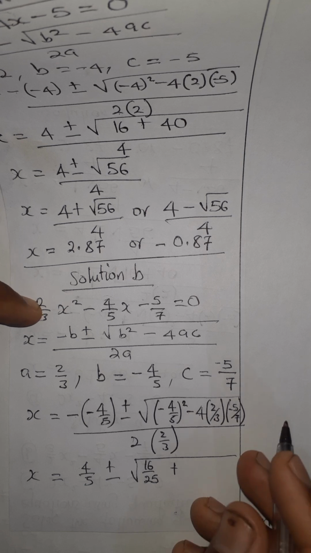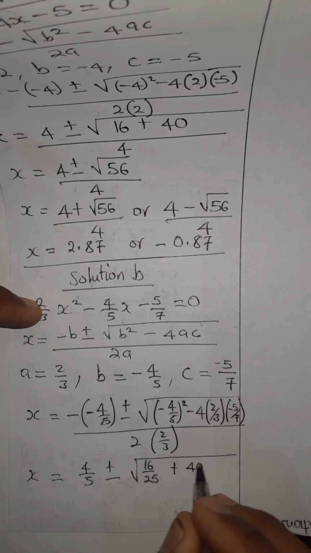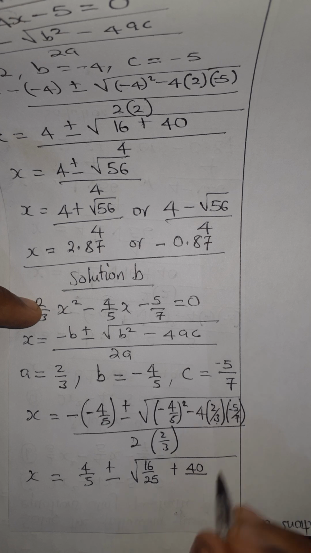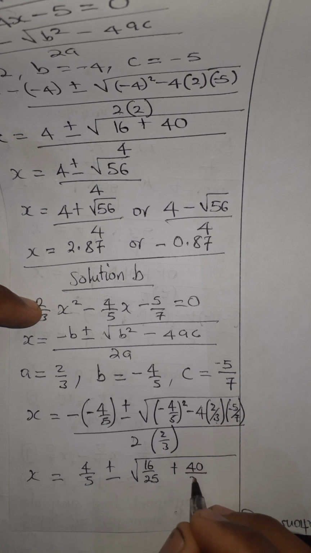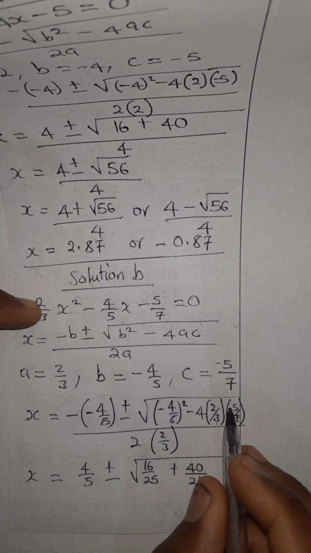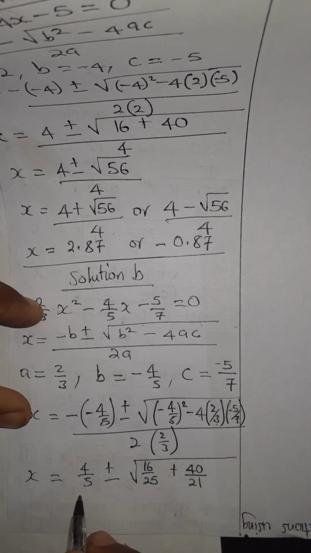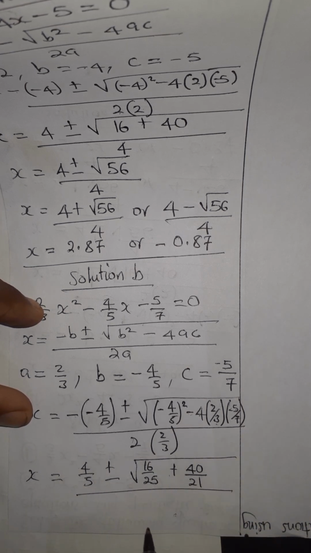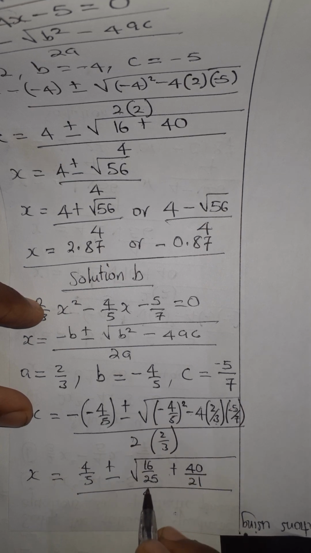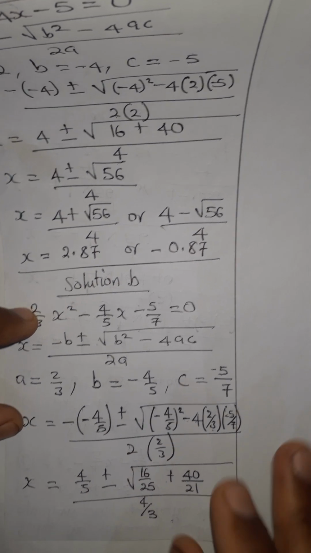All these give us 40 over 3 times this 21. Since negative times negative is positive, then the whole of this over 2 times 2 is 4 over 3.